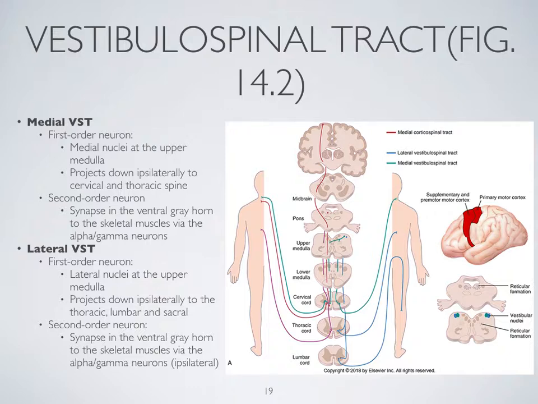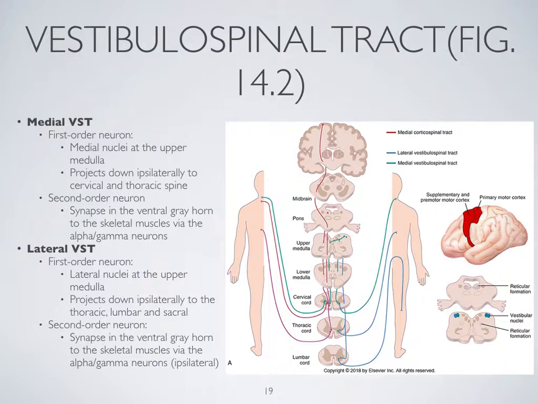Depending on whether we're synapsing in the cervical area, that's our medial aspect of this tract, and they go down bilaterally at the same time for head and neck control. Then our lateral tract continues down to that segment, whether thoracic, lumbar, or sacral, for extensor positioning and that anti-gravity extensor need for posture.